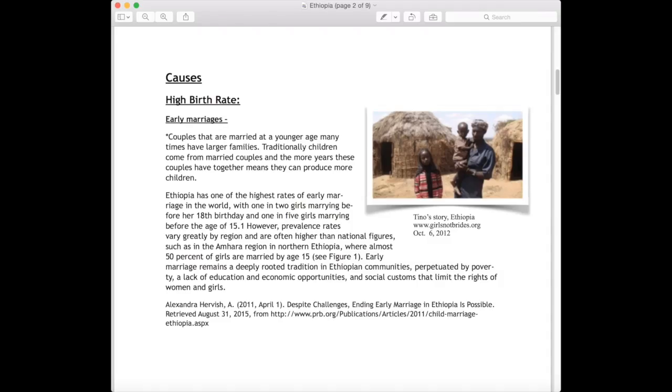So now we need to look at the causes of this high rate of population growth, right?